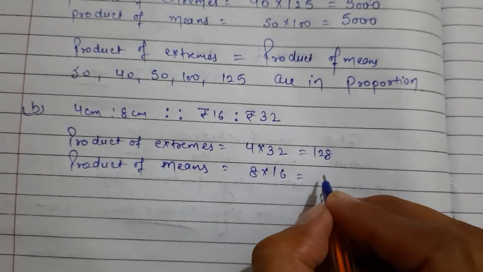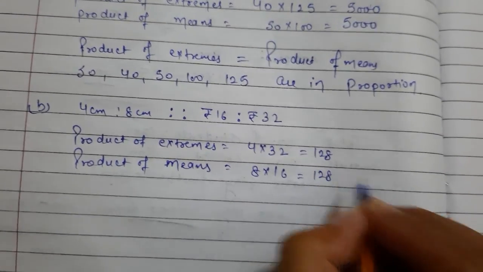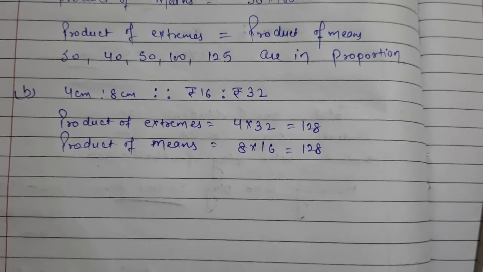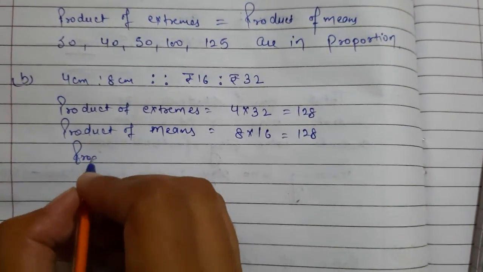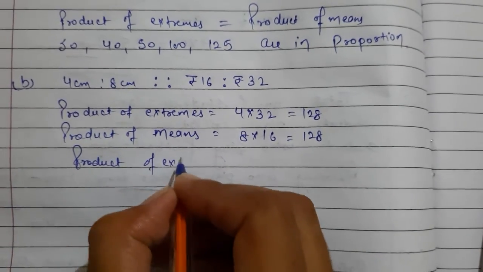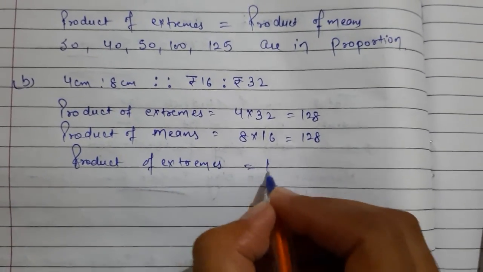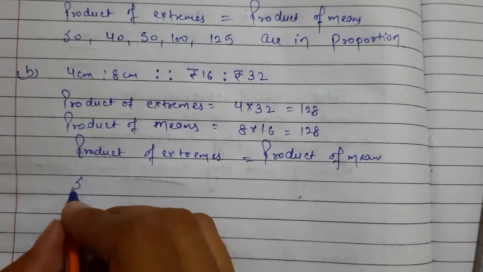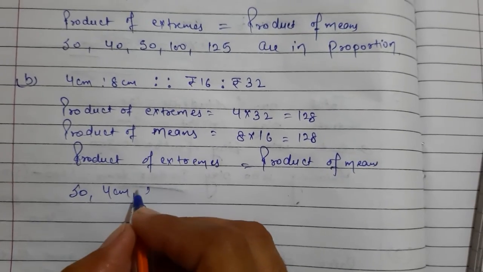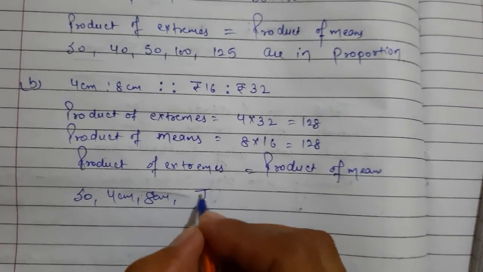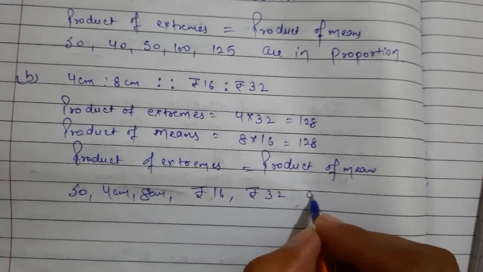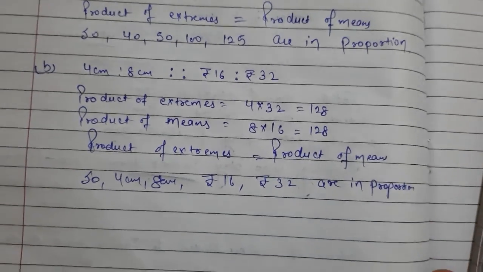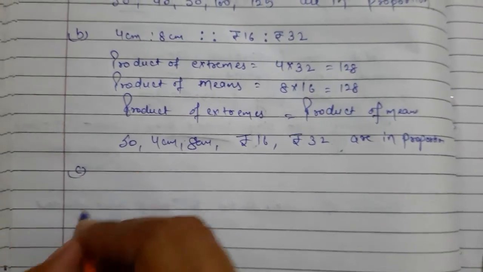So 16 8s are also 128. So what will you say? Product of extremes equals product of means. So 4 centimeter, 8 centimeter, rupees 16, rupees 32 are in proportion. Clear to all? Like this way you can do C and D part also.